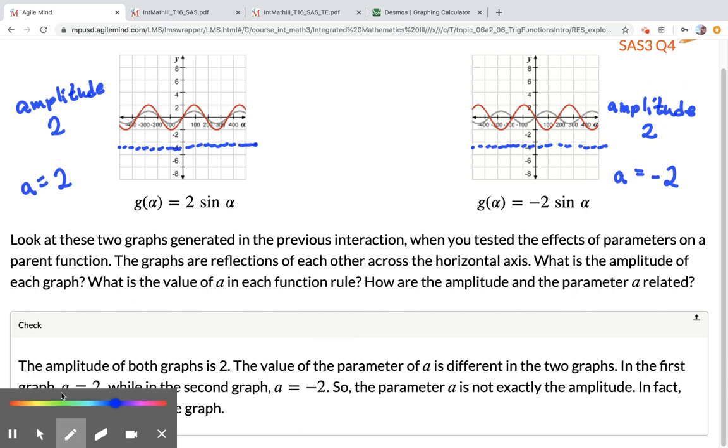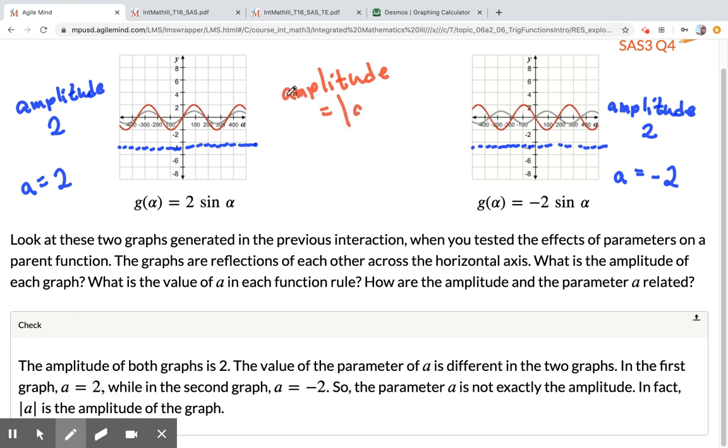I'm going to make a note of that because that feels important. So I'm going to say that my amplitude equals the, oh my gosh, that looks bad. I'm going to fix it. That's better. My amplitude is the absolute value of my A value.